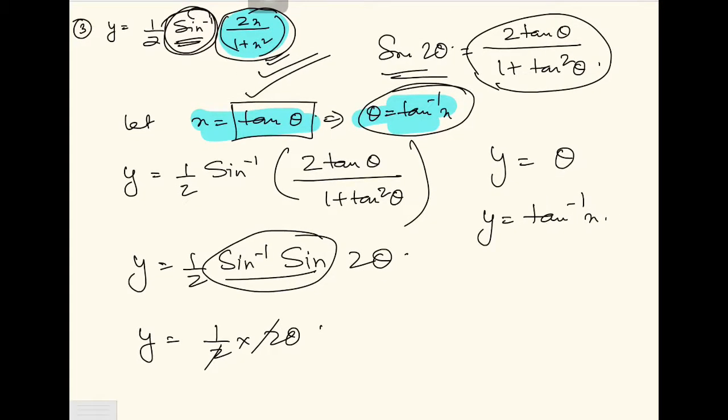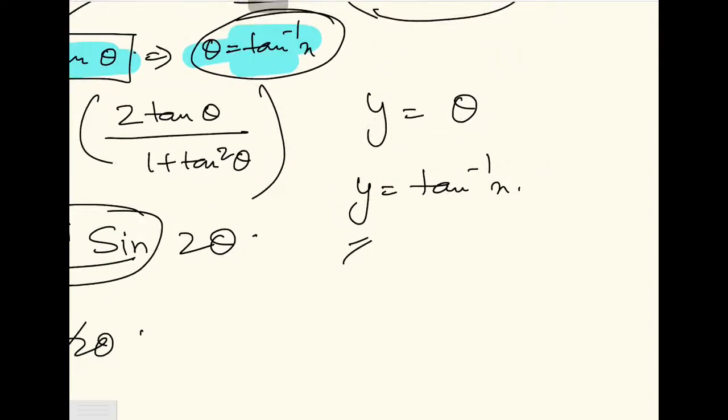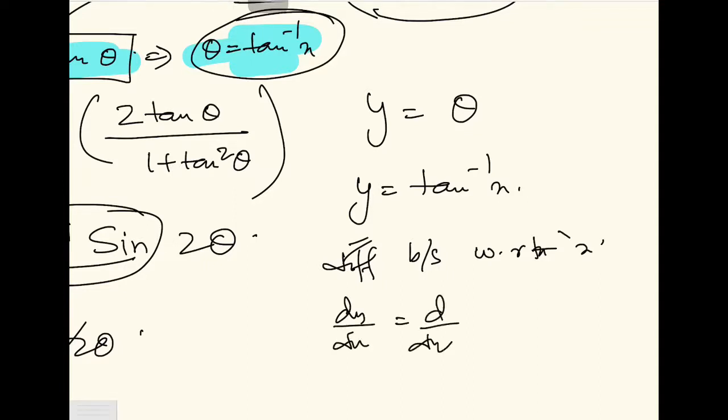Now finally I have simplified this complicated function to this one. So y was actually half sine inverse 2x divided by 1 plus x squared, but instead I can also write it as y equals tan inverse x. Now differentiate. So differentiating both sides with respect to x, what do you get, everyone? I get dy by dx equals d/dx of tan inverse x.